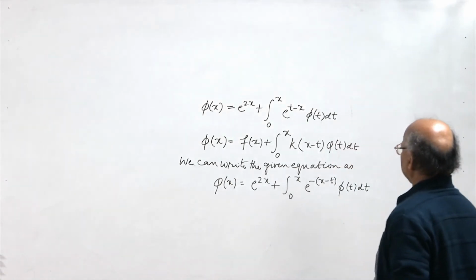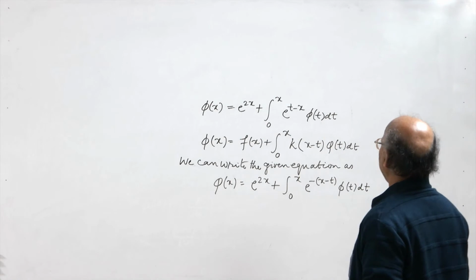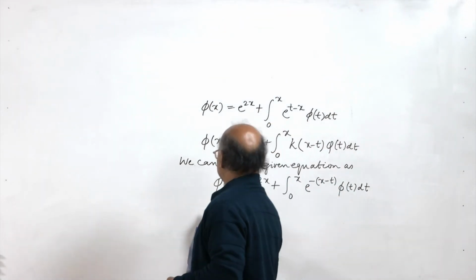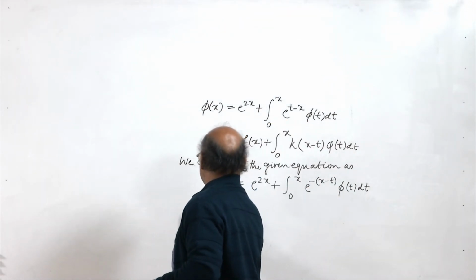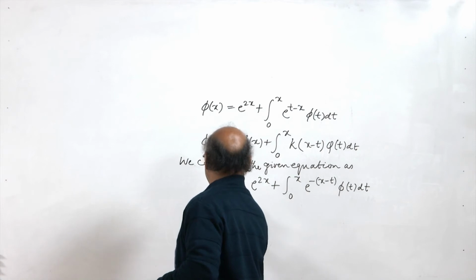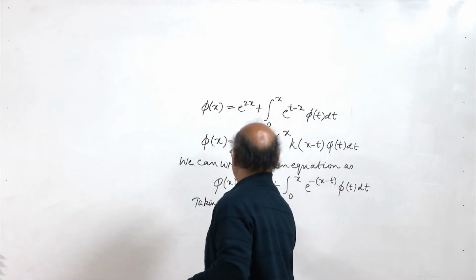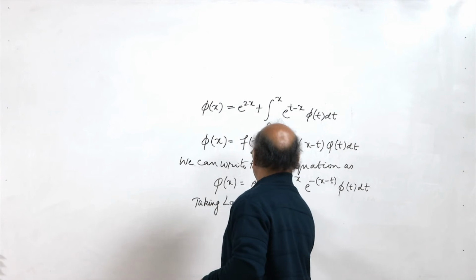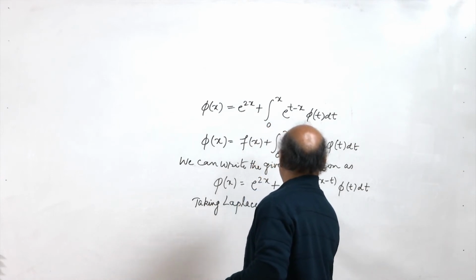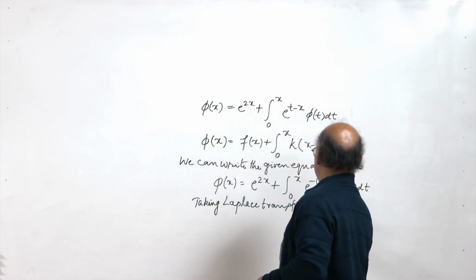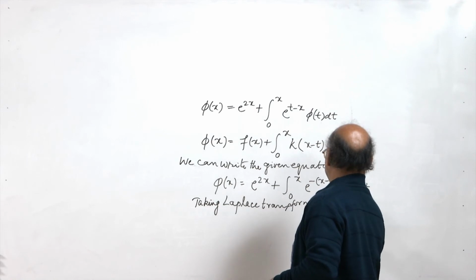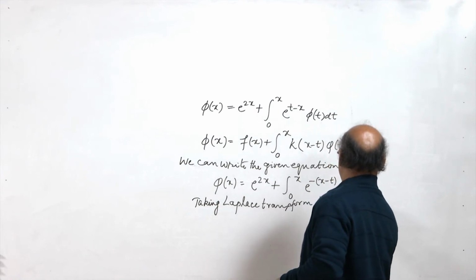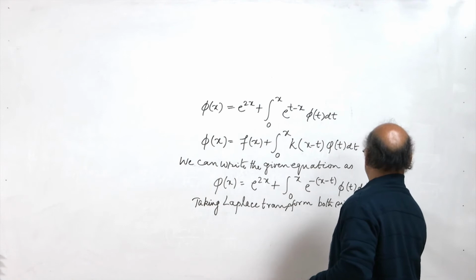So k (x minus t) is e to the power minus (x minus t). Now let us take Laplace transform of both sides of the above equation.